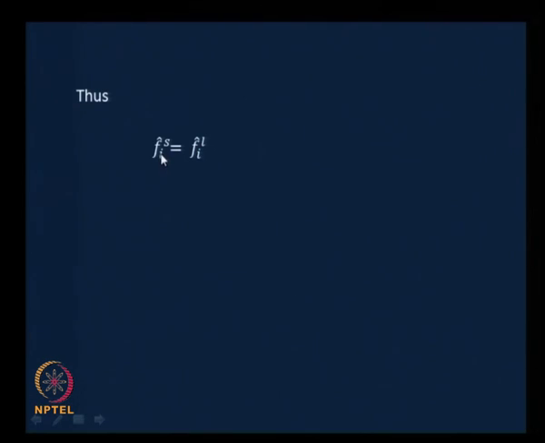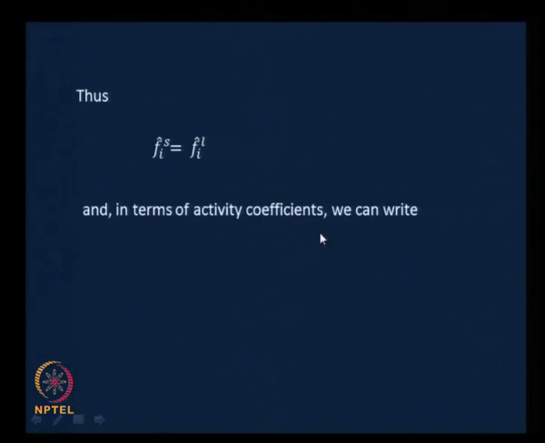and what we are left with is the fugacity of the component i in the solid phase, fi s hat, equals the fugacity of the component in the liquid phase, fi l hat. And in terms of the activity coefficients, we can write for the solid phase gamma i s, the activity coefficient of the component i in the solid phase, times the pure component fugacity in the solid phase, times the mole fraction in the solid phase zi, equals the activity coefficient in the liquid phase times the pure component fugacity times the mole fraction in the liquid phase.